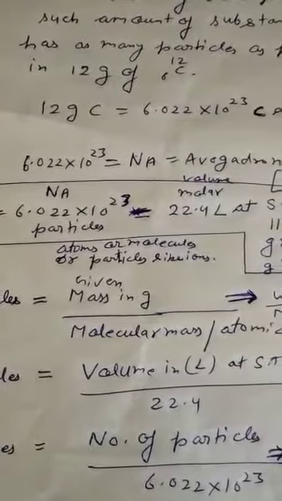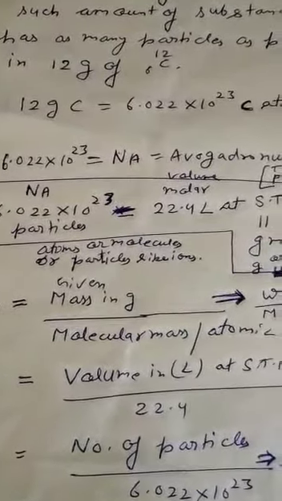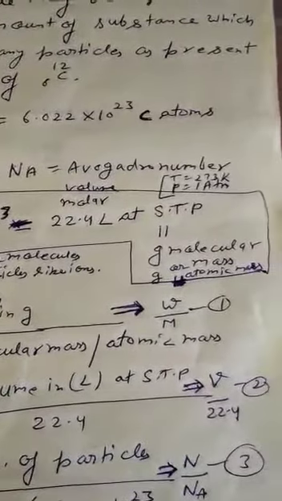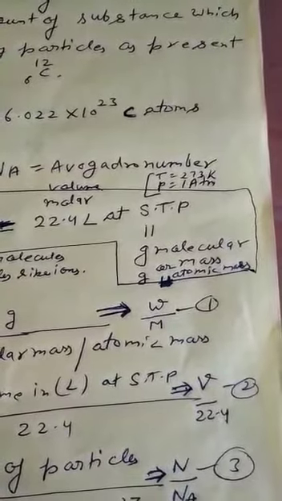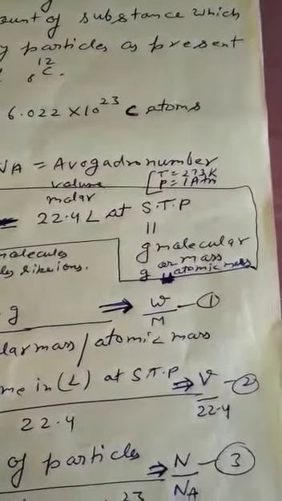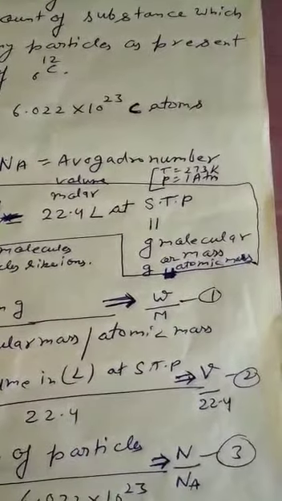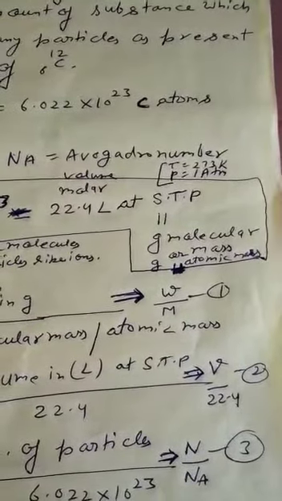It is equal to 22.4 liter at STP, that is standard temperature and pressure, where the temperature is 273 Kelvin and pressure is 1 atmospheric pressure, and it is also equal to the gram molecular mass or gram atomic mass.